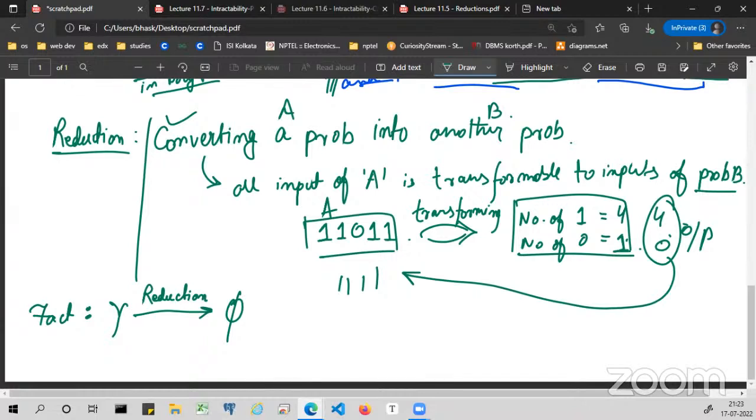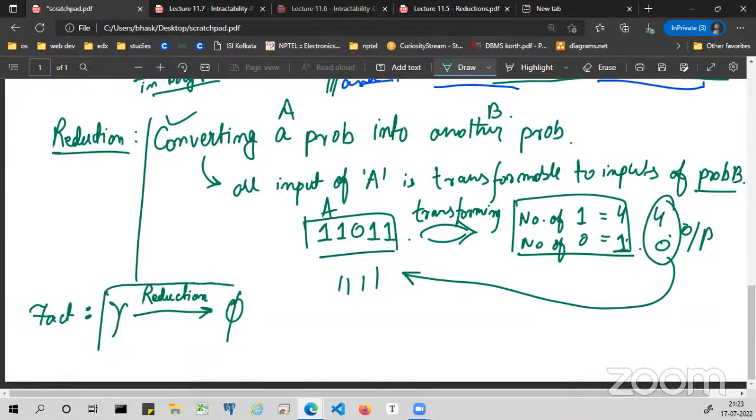So I am doing some hard work in order to transform problem gamma into problem phi. So that means I can say that problem phi is harder than problem gamma, because I have done some work on gamma to get to phi. So phi as a problem itself must be harder than gamma, because it needed some work to be done on gamma to get to phi in this transformation, right?